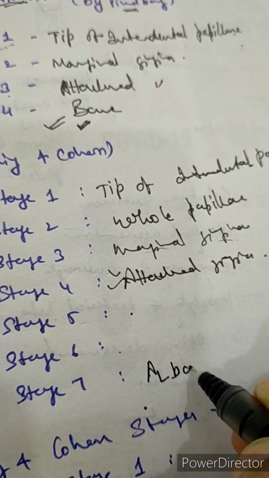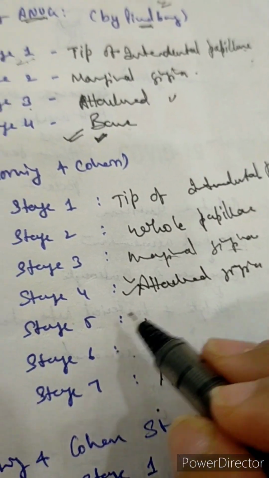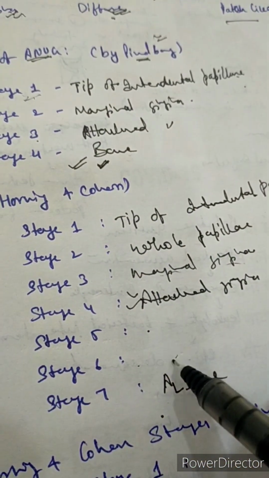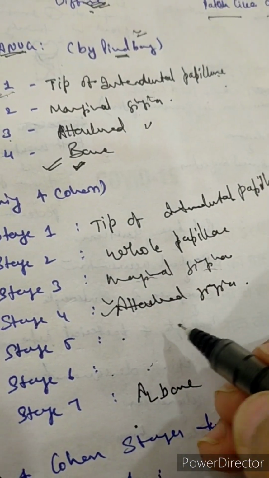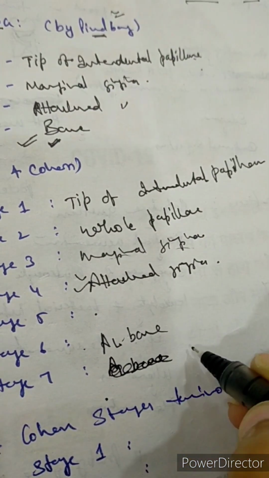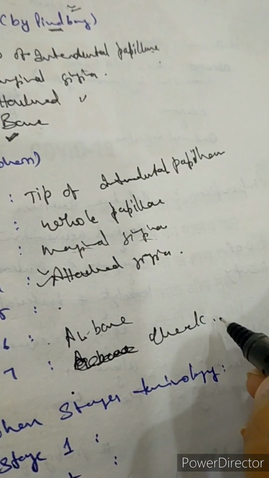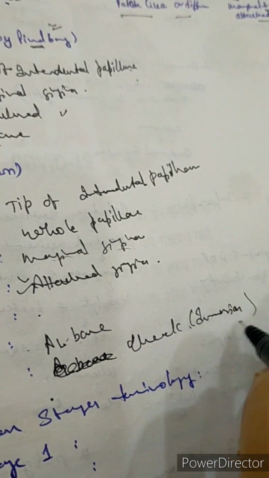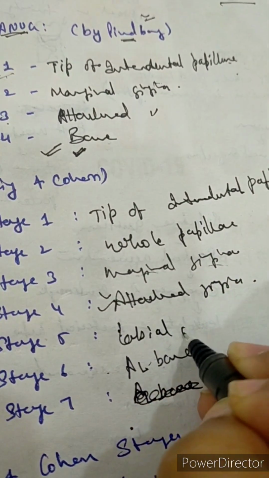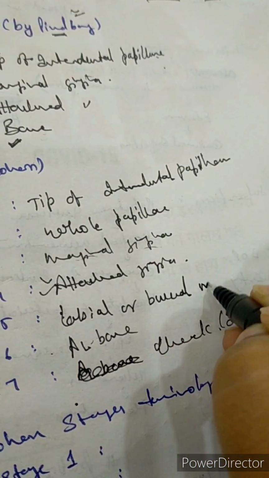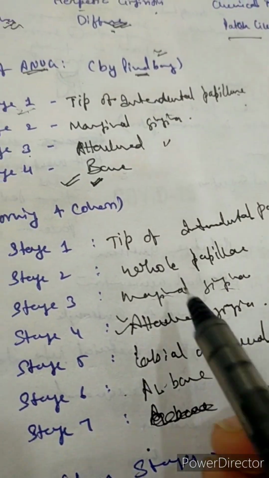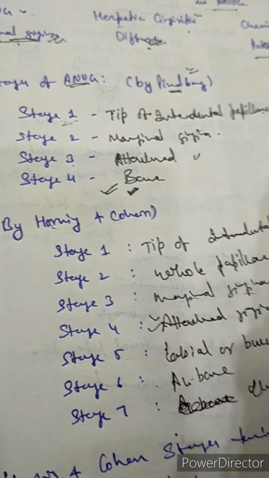Stage 7 is for the cheek, invasion of the cheek. And for the fifth, they have given the labial or buccal mucosa. So this is how Pindborg's and Horning and Cohen's stages work.